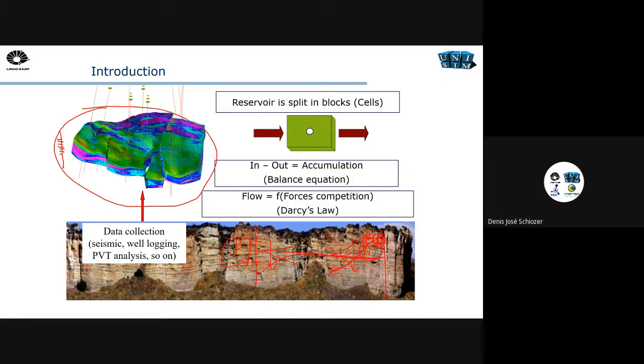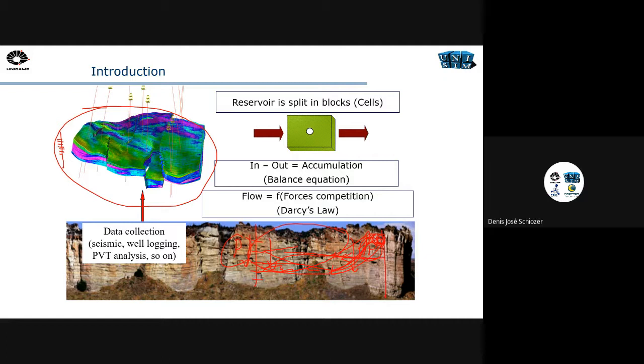And sometimes we have examples where the water moves vertically and gets to the producer very fast, and then we leave a lot of oil behind. That's why we have to improve the quality of the models in the vertical direction in order to have a better recovery factor for the reservoirs, okay? So we have to understand all this, the physical behavior.